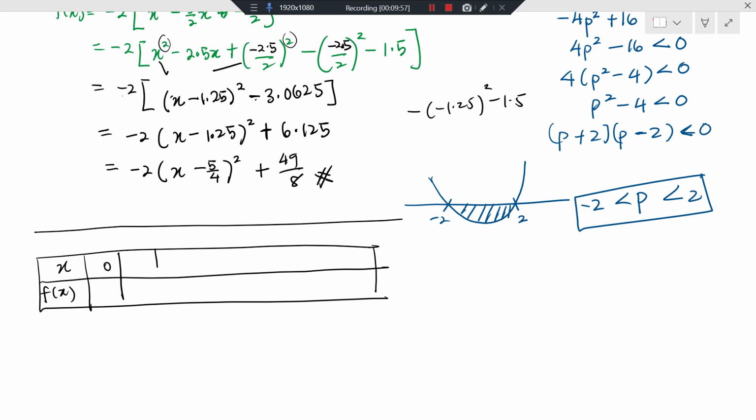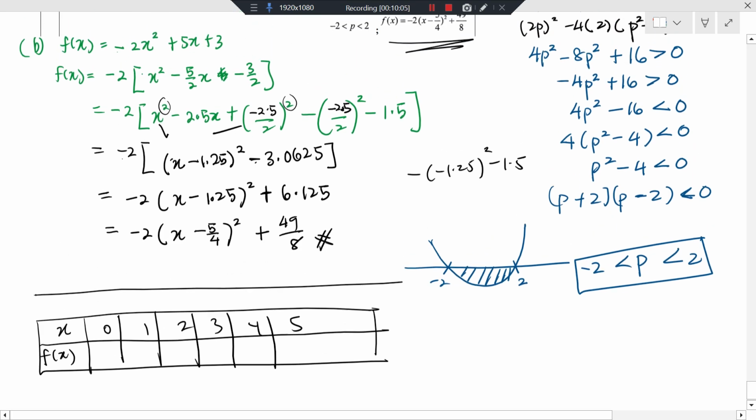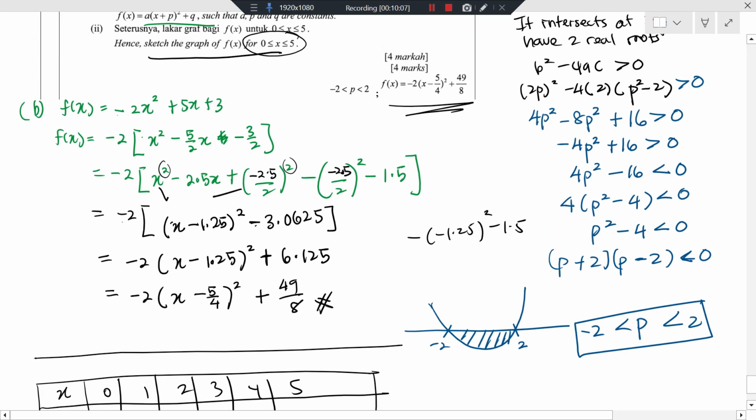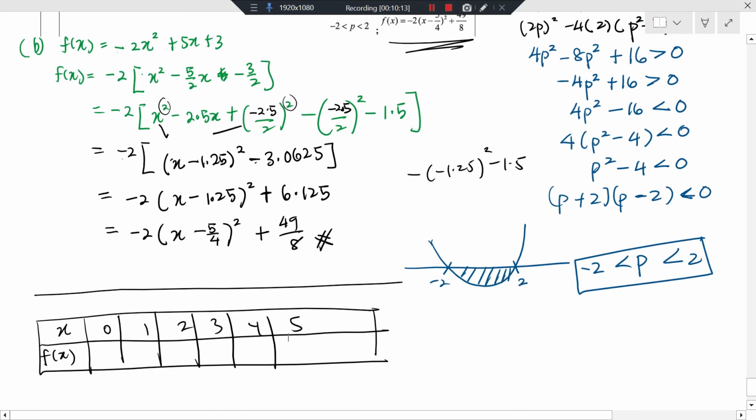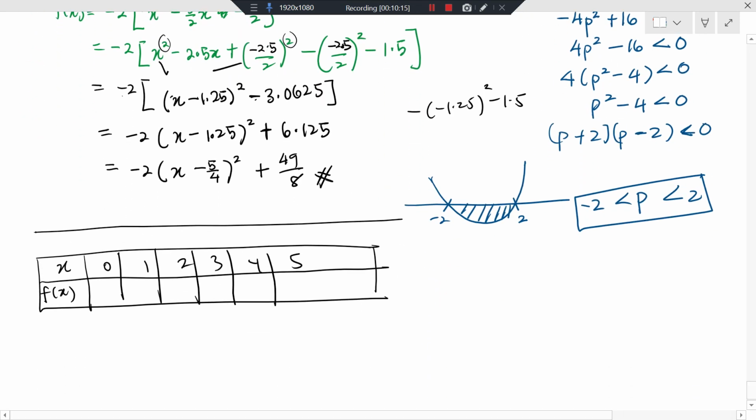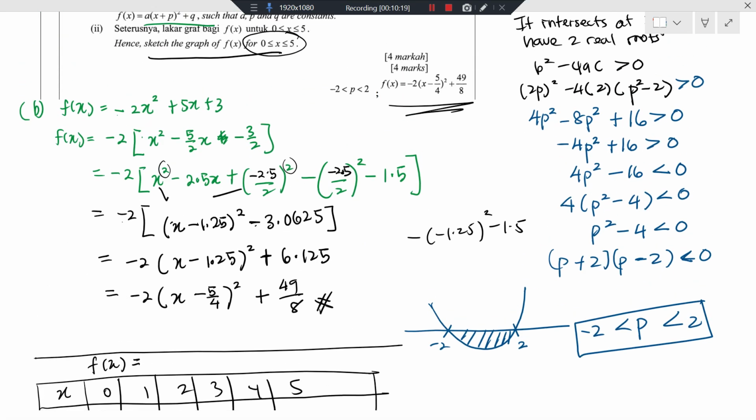So x equals 0 means what, 1 means what, 2, 3, 4, 5 means what. Okay, for f(x), you can use this completing square form or just use the simple one, negative 2x squared plus 5x plus 3. It's the same equation, no need to use the complex fraction one. You can just use the original equation.